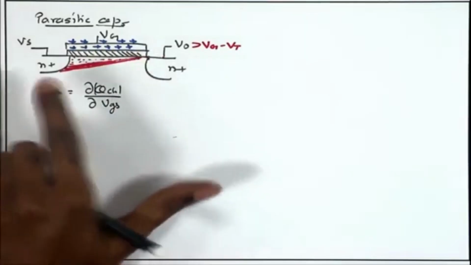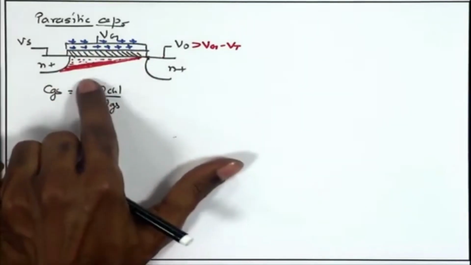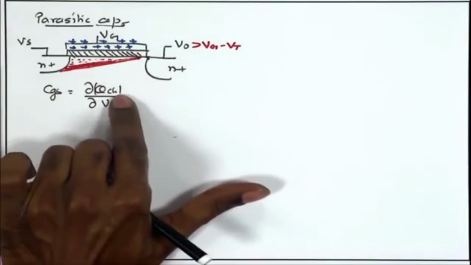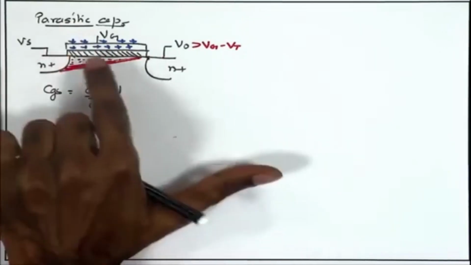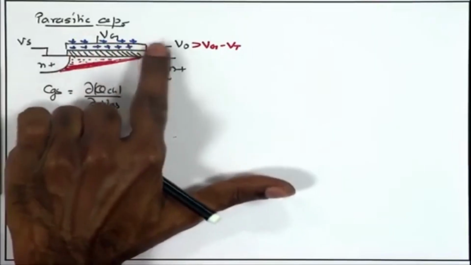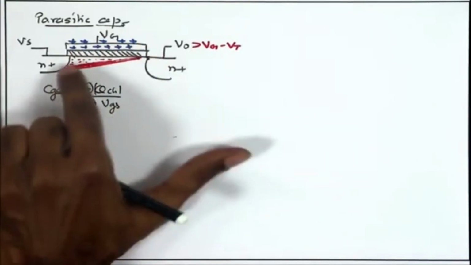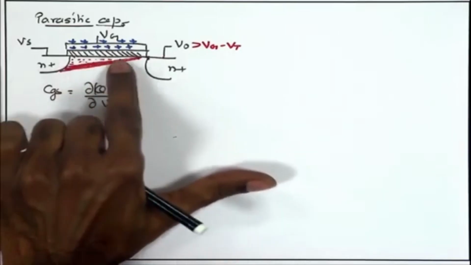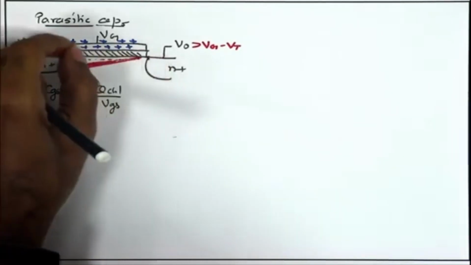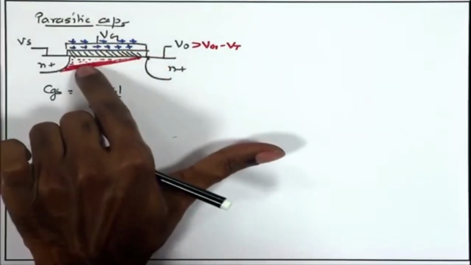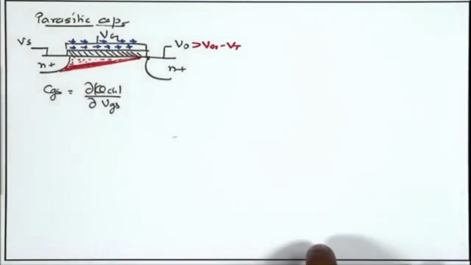So, if you increase VGS for NMOS, you get more positive charges on the gate, and as a result an equal amount of negative charges in the channel. If you add delta q positive charge on the gate, you get delta q negative charge in the substrate.